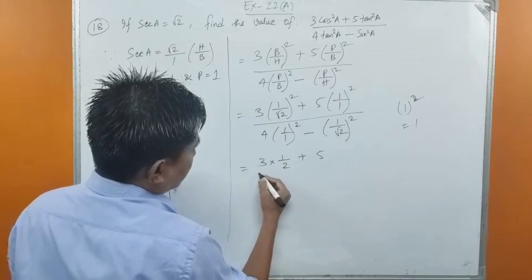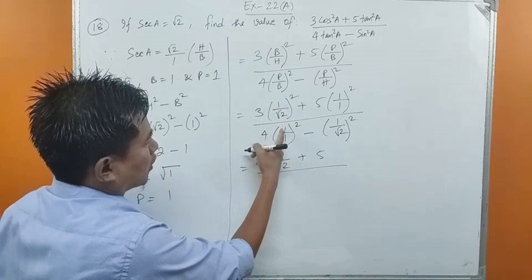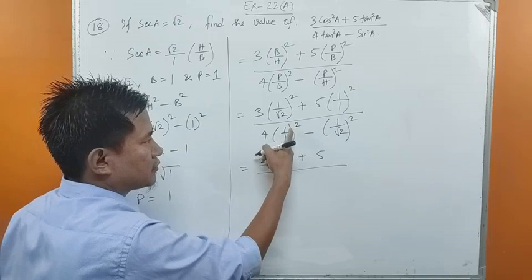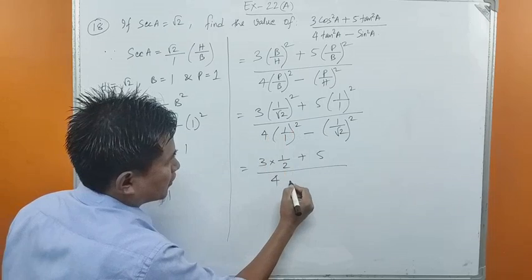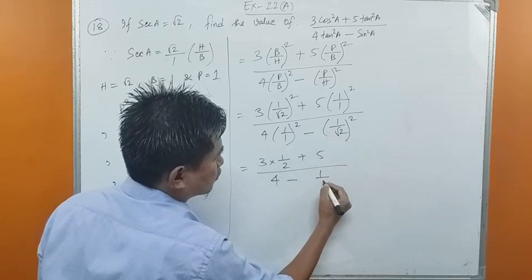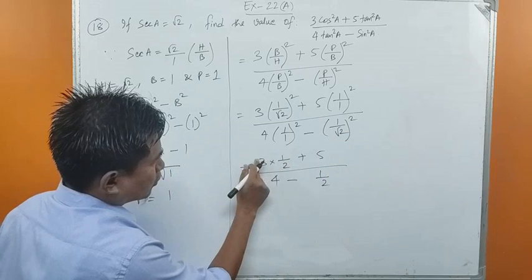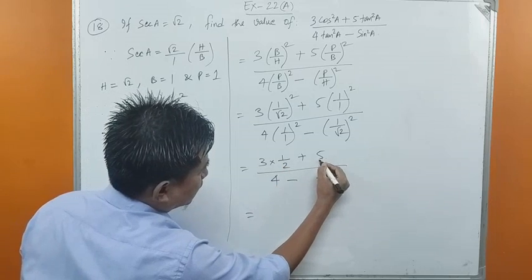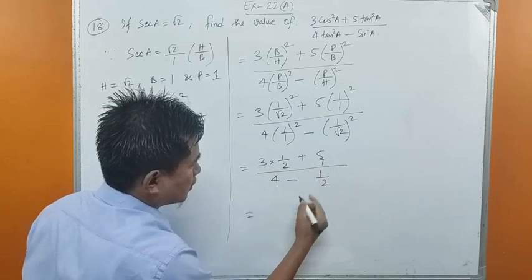In the denominator we have 1 upon 1 means 1, squared is 1, and 1 into 4 is 4, minus 1 squared is 1 upon root 2 squared is 2. Now 3 ones are 3 upon 2. Here in the denominator of 5 we have 1, so the LCM of 2 and 1 is 2.